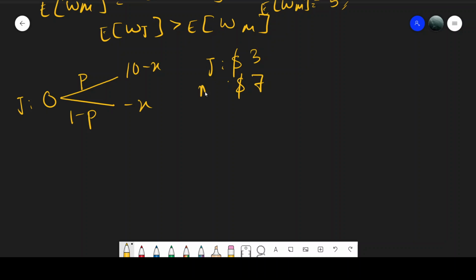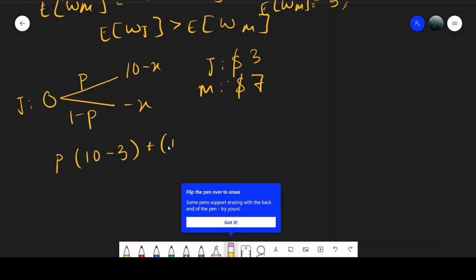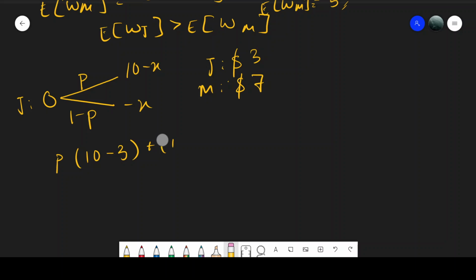I can write this as P into 10 minus 3, plus 1 minus P into minus 3, is equal to P into minus 7, plus 1 minus P into 3.